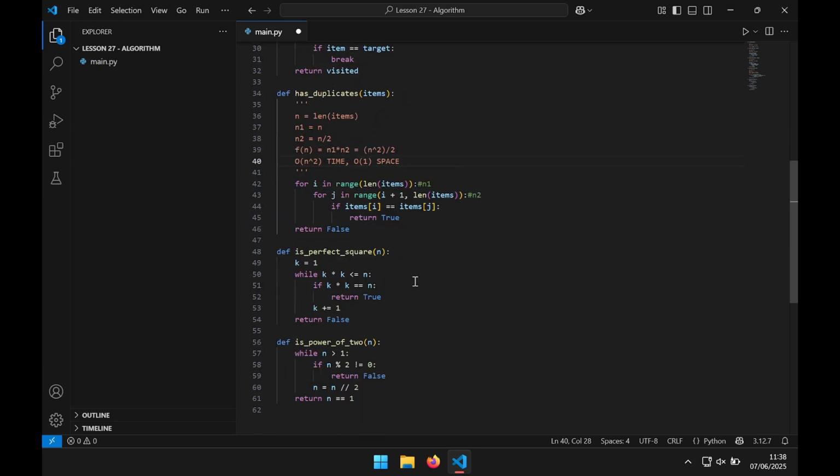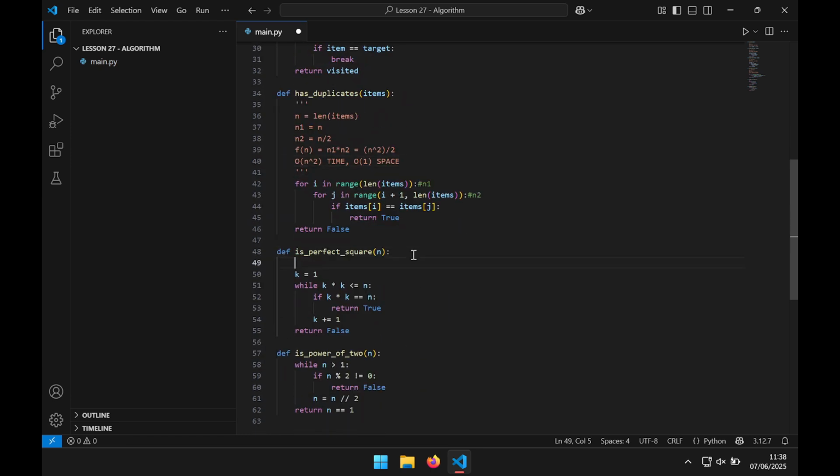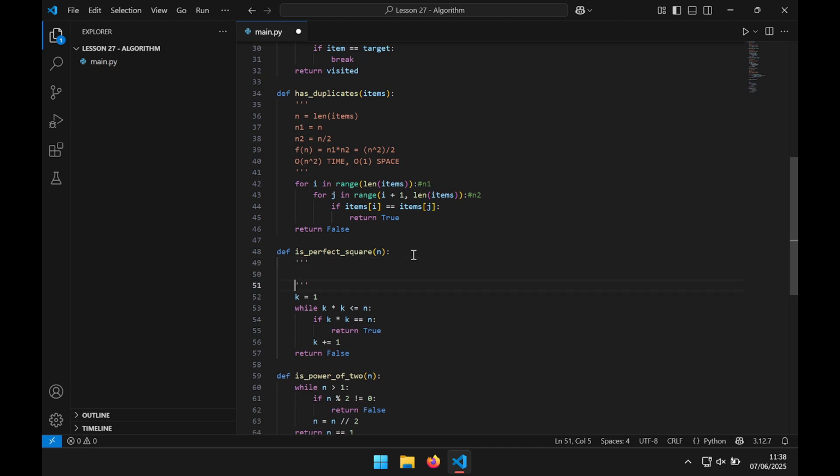Now let's look at this next function. Here we check if a number is a perfect square using a loop. We go through values of k such that k multiplied by k has to be smaller or equal to n. So how many times do we loop?